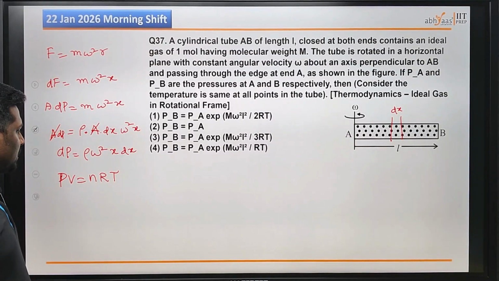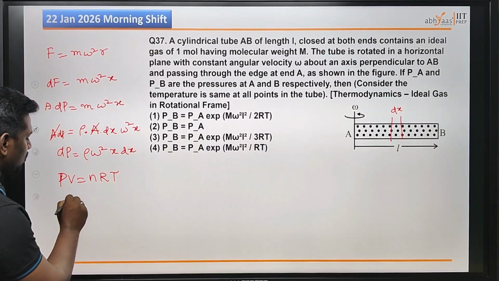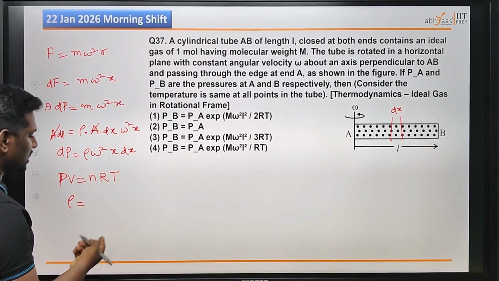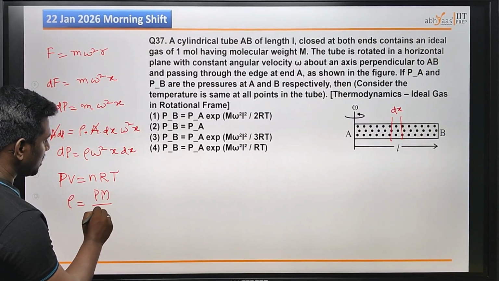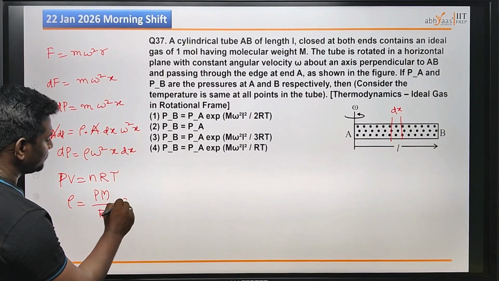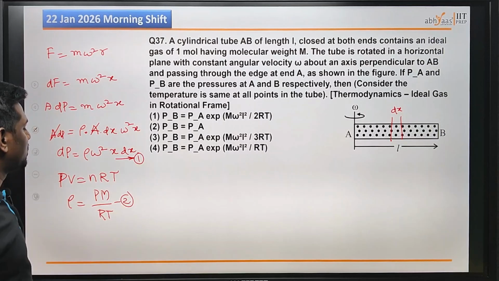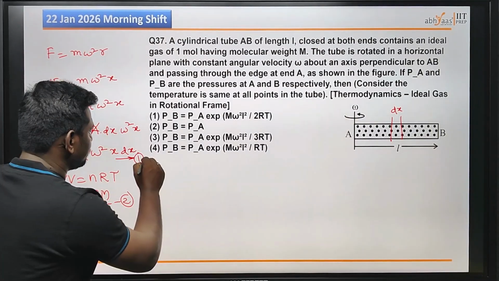From this one you can write rho equal to, if you change this n, you can write it like this: Pm by RT. So take this and substitute here and integrate.